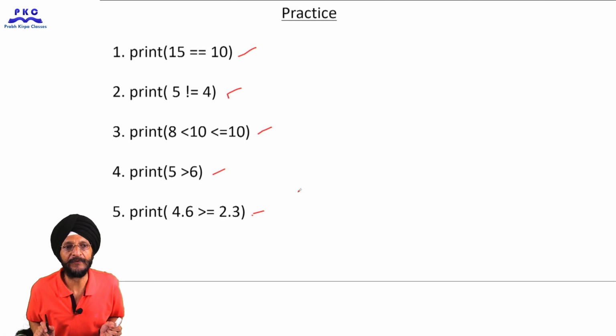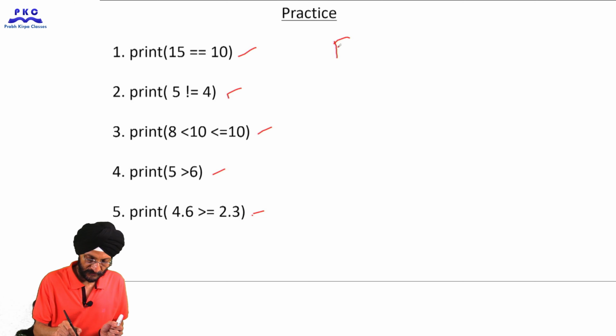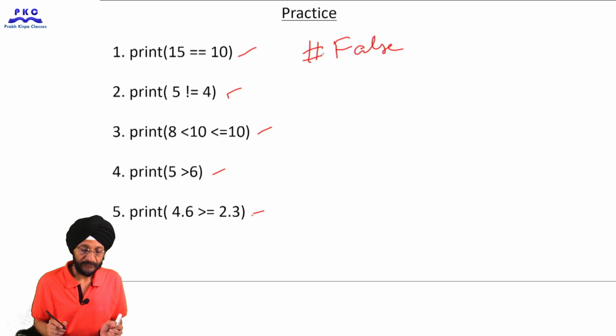First is 15 equals 10. You know that 15 is greater than 10 in value, so the output will be false as given by the Python interpreter. Second, print 5 is not equal to 4.